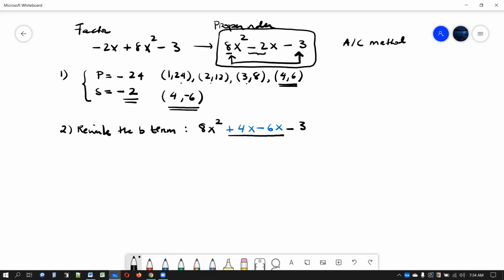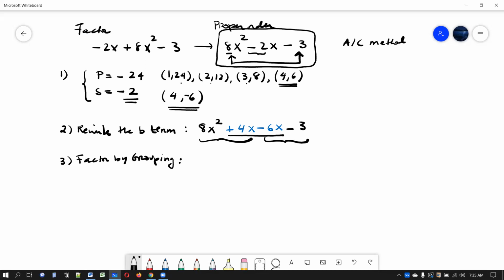So at this point, I am going to factor this by grouping. All right, so as before, I am going to group the first two, and I am going to group the second pair. So this will be maybe my third step, factor by grouping.